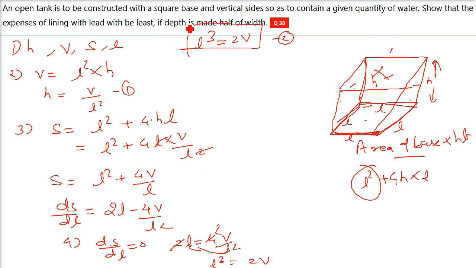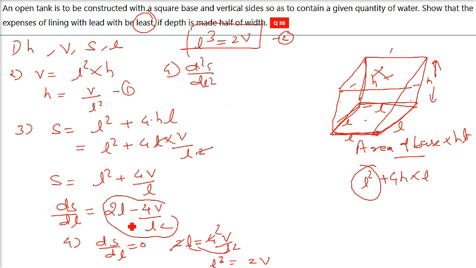What about the other thing? Depth has to be equal to half of width. In this case, we need to prove depth, which is h, and width, which is L, so h will be equal to L by 2. That is what we have to prove. But we need to do the differentiation because we have to show also the least part.